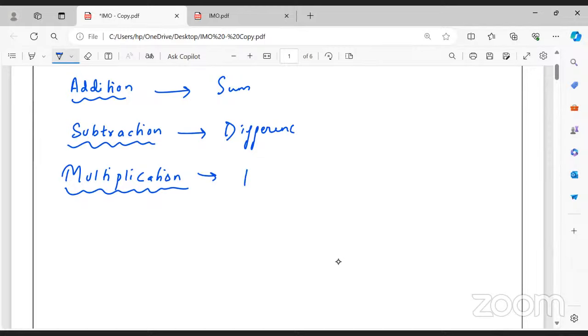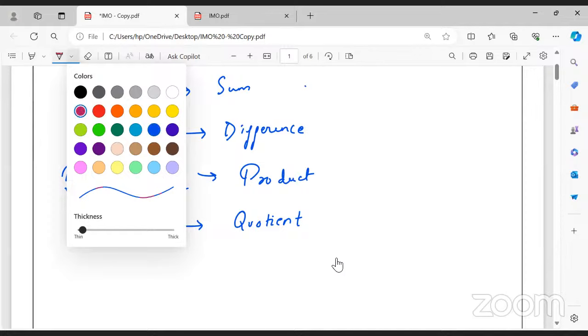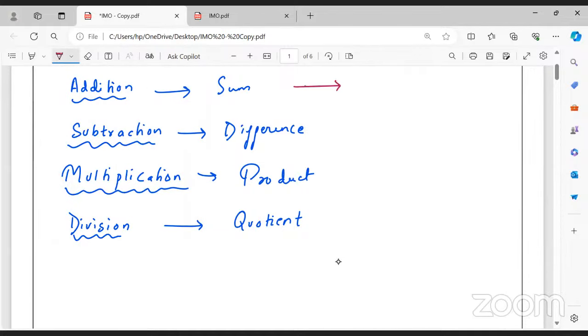It's called product. The answer that you get after dividing the numbers is called what? Yes, it's called quotient.